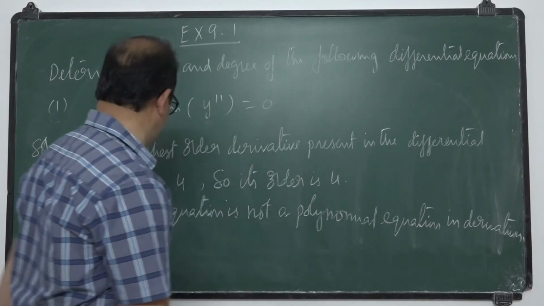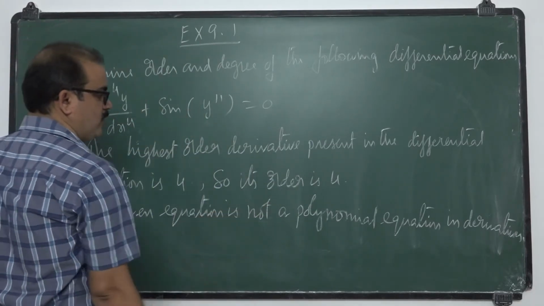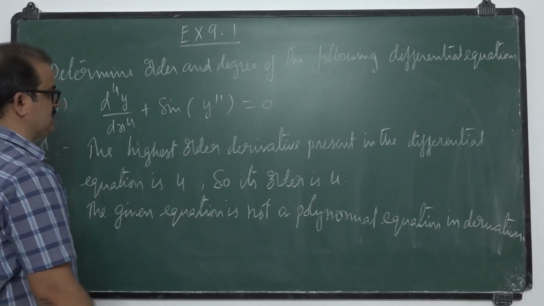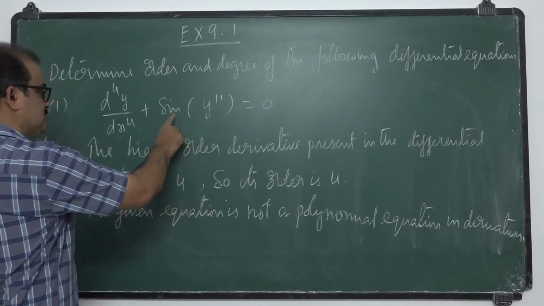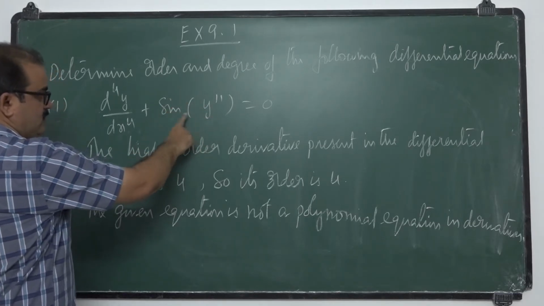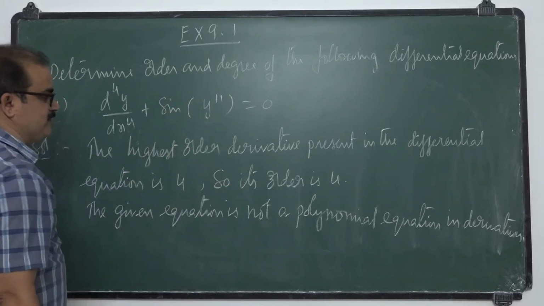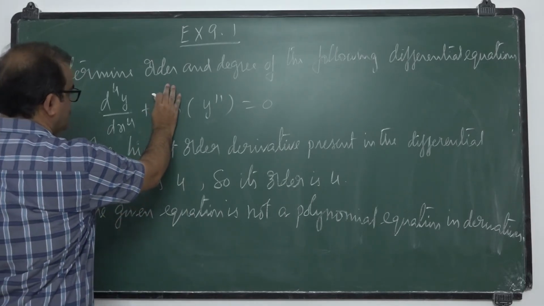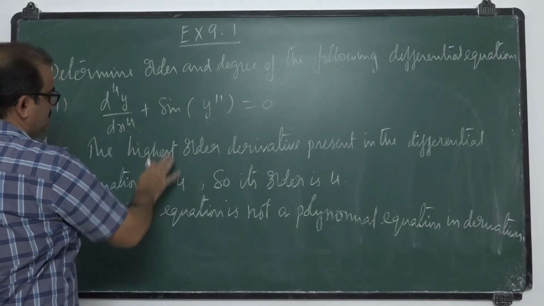Why is it not a polynomial equation? See here, the second term is sine of the second order derivative. If there were no sine term here, then it would be a polynomial equation.